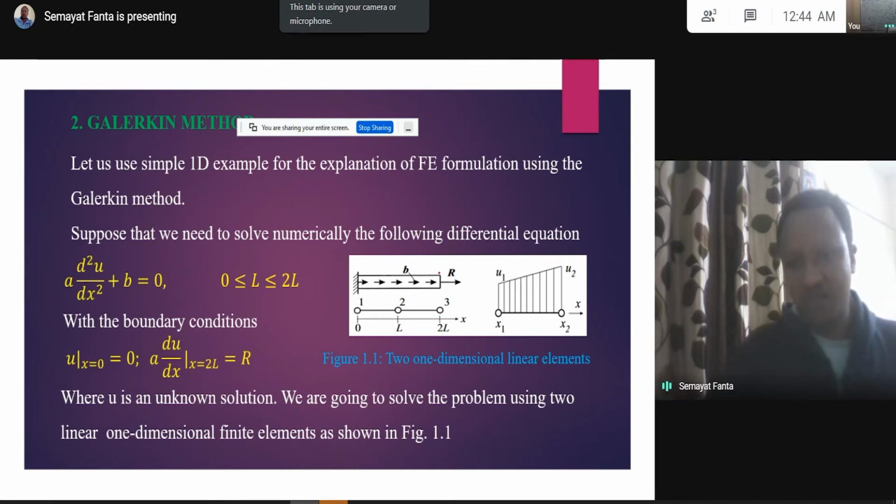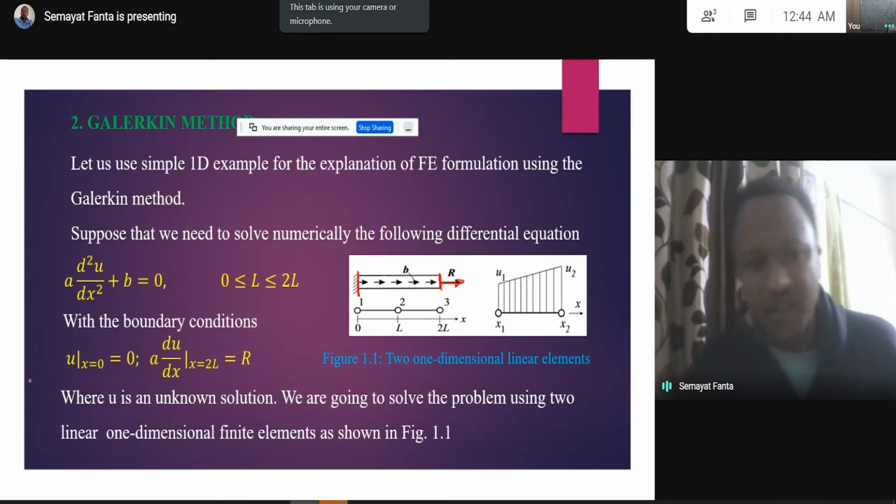So at this end, a point or concentrated load R is applied, and at the other end it is a fixed boundary, so that u(x) is equal to 0.